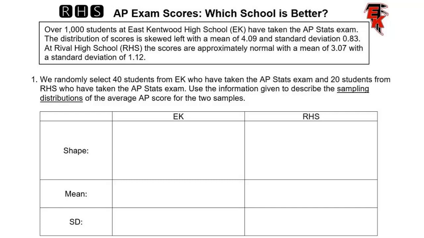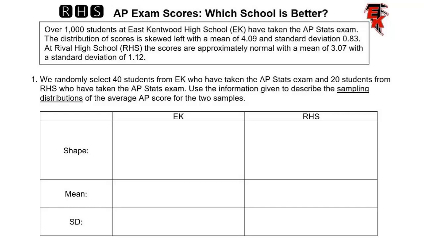At rival high school RHS, the scores are approximately normal with a mean of 3.07 and a standard deviation of 1.12. We randomly select 40 students from East Kentwood who have taken the AP Statistics exam and 20 students from RHS who have taken the AP Statistics exam. Use the information given to describe the sampling distributions of the average AP score for two samples.